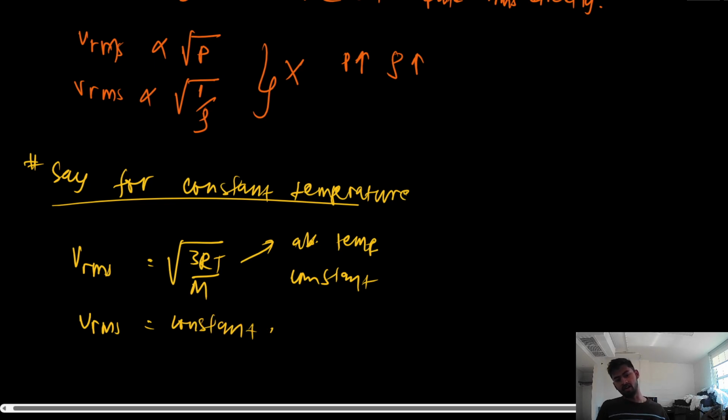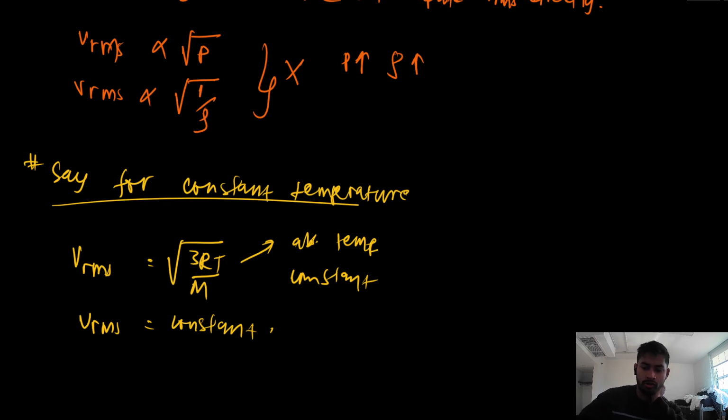See, the underlying idea about root mean squared velocity in ideal gases is, whenever you see constant temperature, you assume that root mean squared velocity has to be constant, because it's the underlying postulate of the entire ideal gas law. So it is impossible to have something else for root mean square in the ideal gas law. However, that's not applicable when it comes to pressure and density, because those are not what we have defined in the postulate, and those are not what we have defined in the ideal gas law equations.